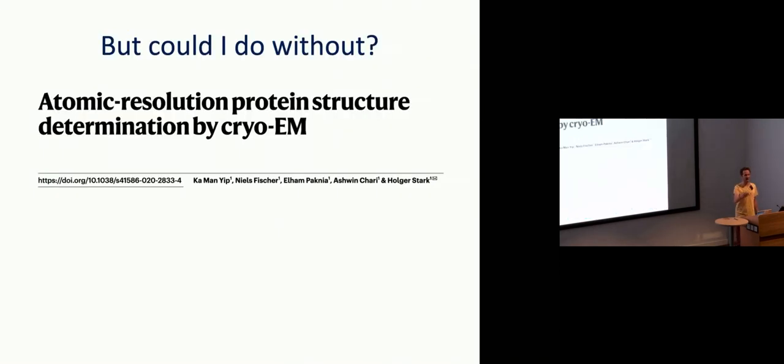Okay, so then you could say, I can also do that without all this, because you could build a microscope, and Richard already mentioned this as well on Monday, that has a Cs corrector in it. And that is true, and Holger Stark has been a proponent of this.